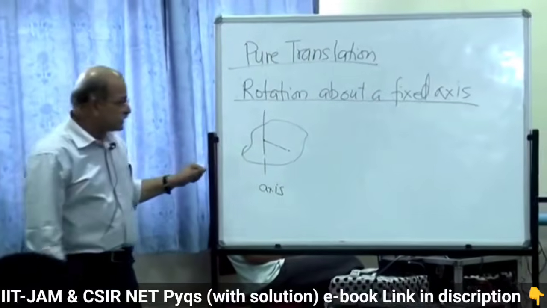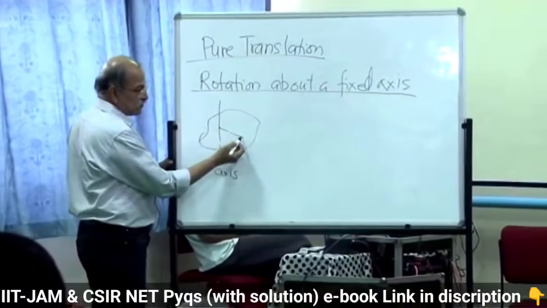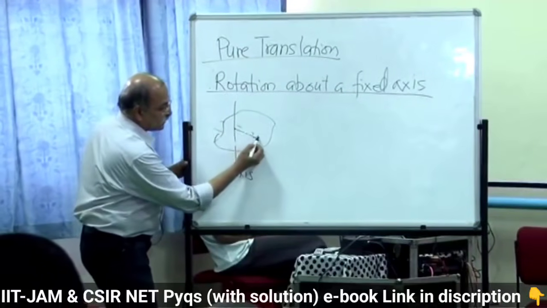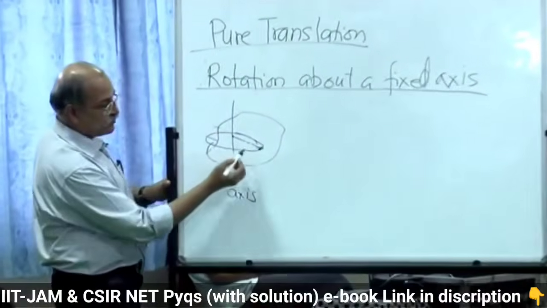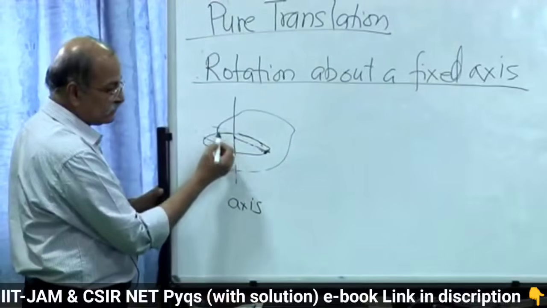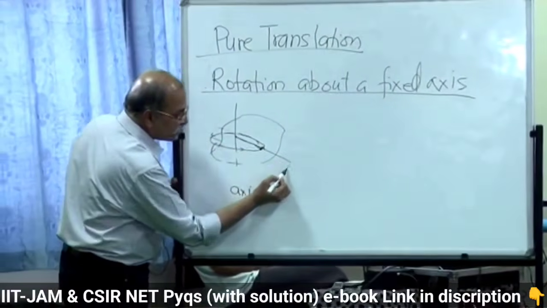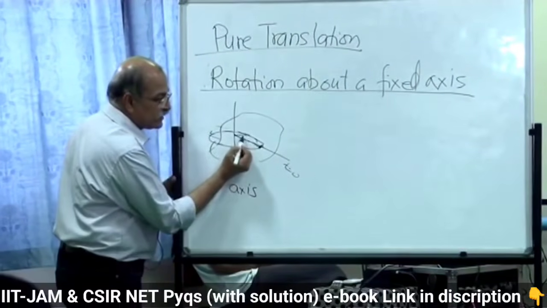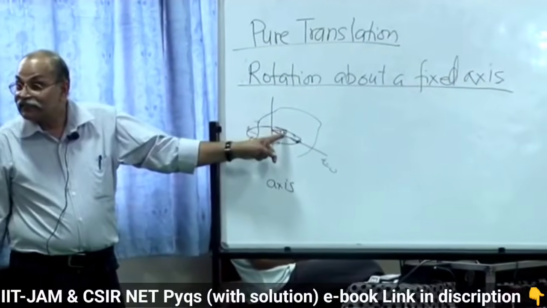So with this as the center, it is going in a circular path. This plane has to be perpendicular. This is outside the board, something like that. So it is going like this. Now this is the radius at t equal to 0. And at some other time it goes here, and this angle theta, is it too small? Can you see this theta?